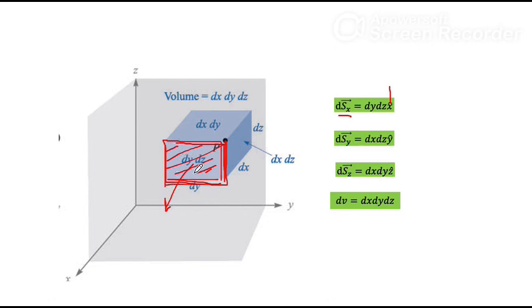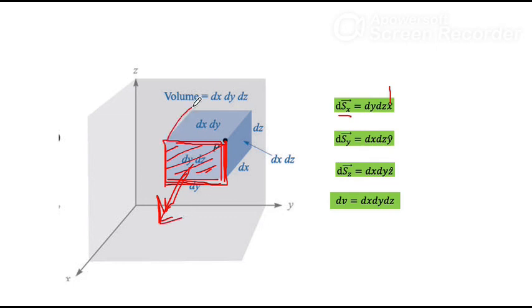So this is how we associate a vector with a surface area: we give the area and then consider a direction that is perpendicular to that surface, or in mathematical language, normal to that surface. So x is normal to this dy dz, and this is the vector surface area along the x direction.